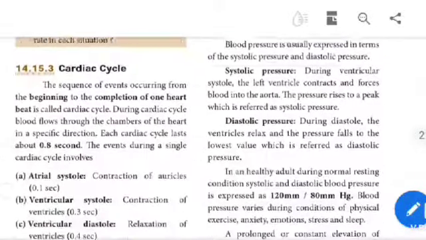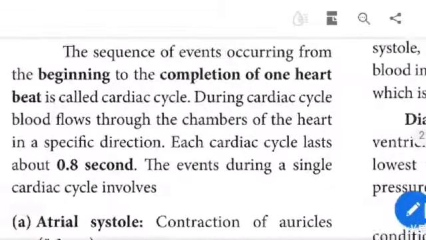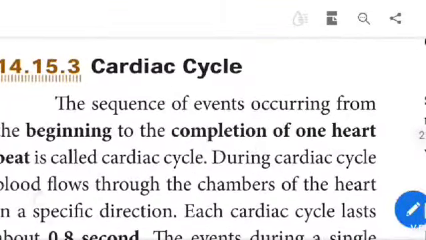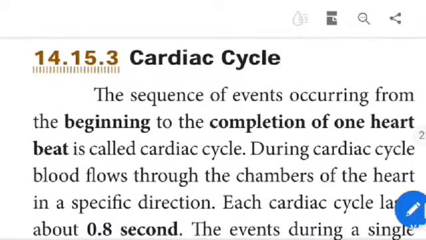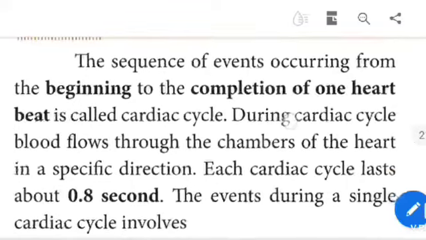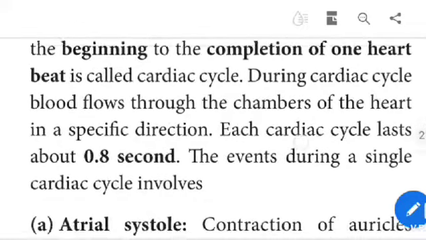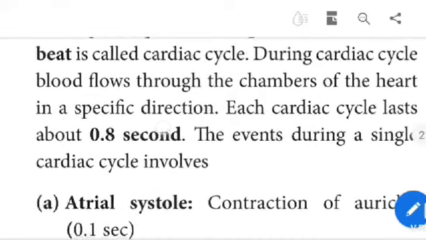Cardiac cycle. The sequence of events occurring from the beginning to the completion of one heartbeat is called the cardiac cycle. During the cardiac cycle, blood flows through the chambers of the heart in a specific direction. Each cardiac cycle lasts about 0.8 seconds.